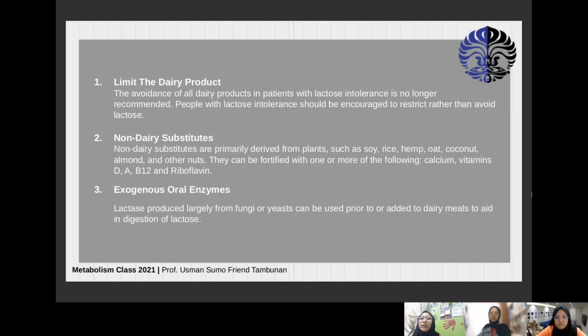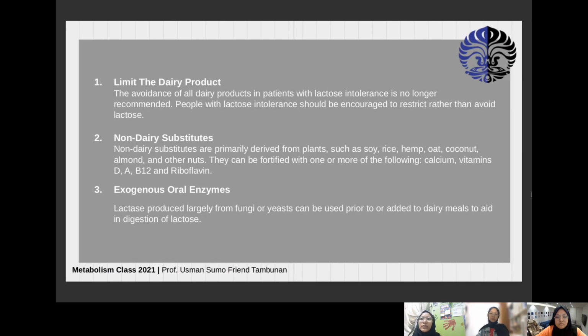This aims to help sufferers get calcium and vitamin D from the food or drink they consume, and it might also be possible to increase their tolerance to dairy products by gradually introducing them into their food consumption.